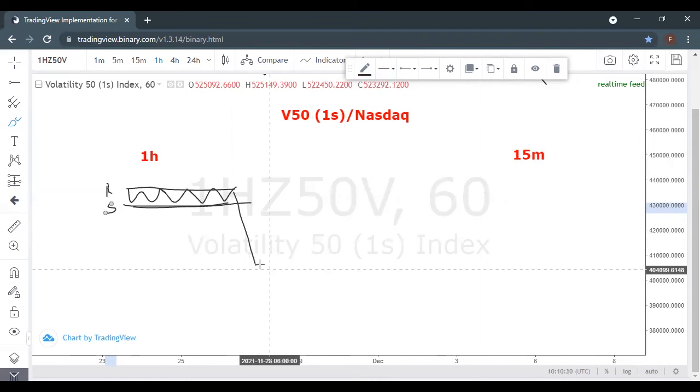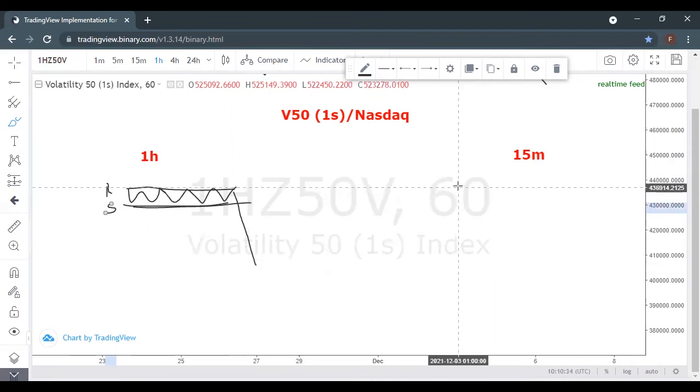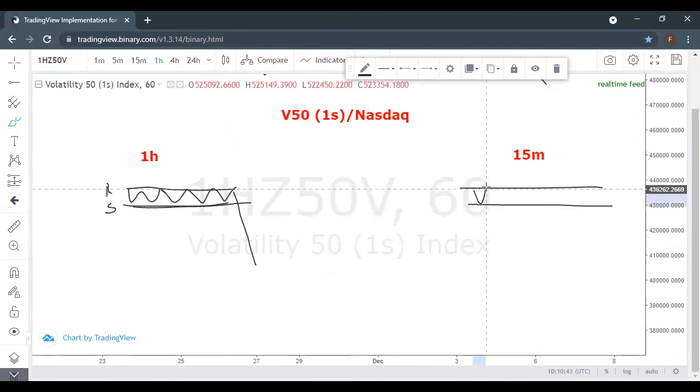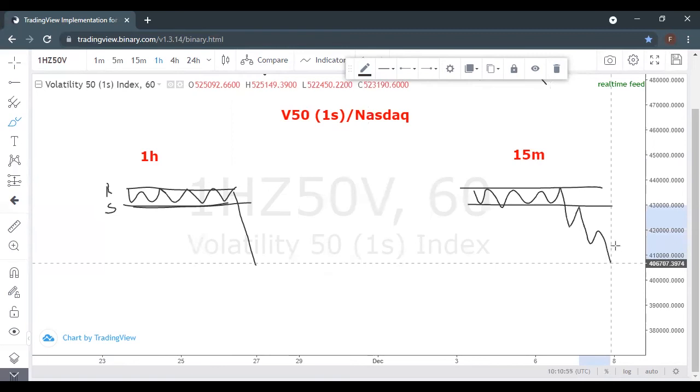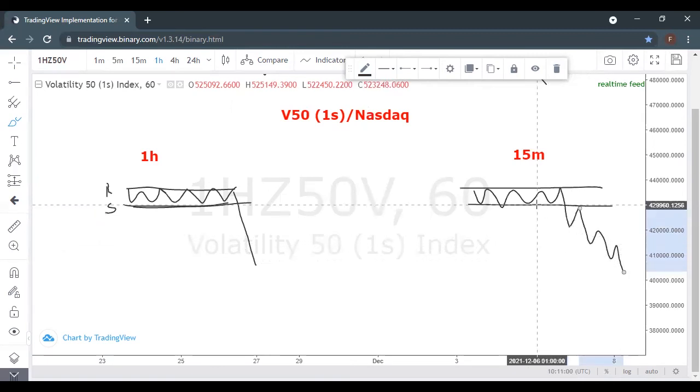But what is really happening in this market? Let's try to see this on a lower time frame. So this is our level right here. It is bouncing on and off between two price levels. When it breaks, the market comes for a retest of this level, then you see something like this, then it continues to push to the downside.